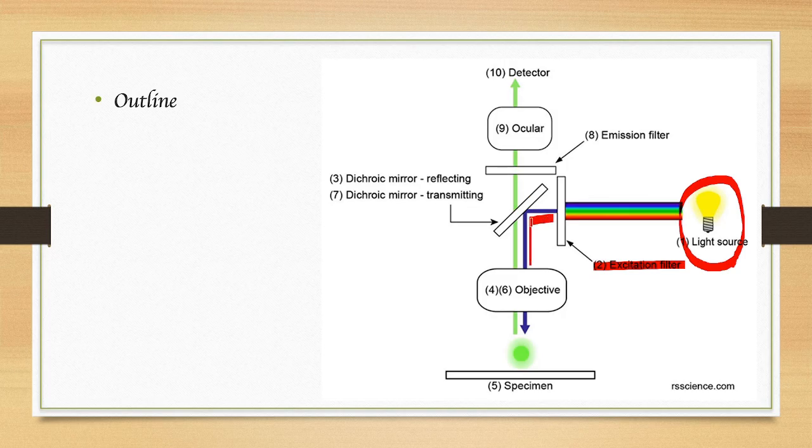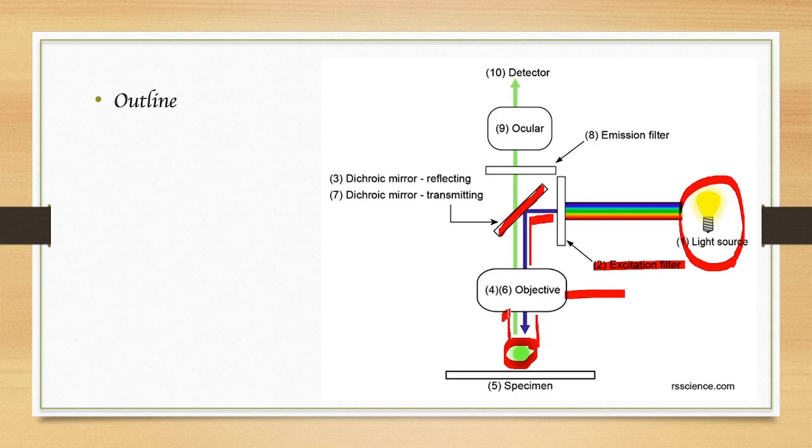This blue light is reflected from the dichroic mirror, passes through the objective lens, and is absorbed by the specimen. The specimen is stained with a fluorescent dye. After absorbing the blue light, it emits another type of light, green in color.